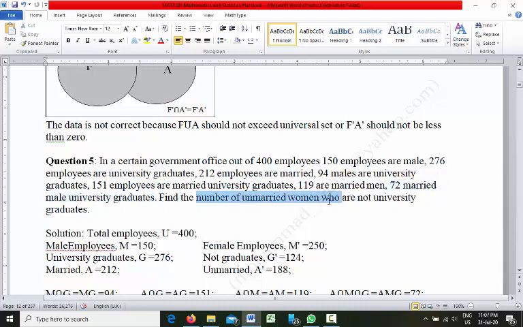Find the number of unmarried women who are not university graduates.